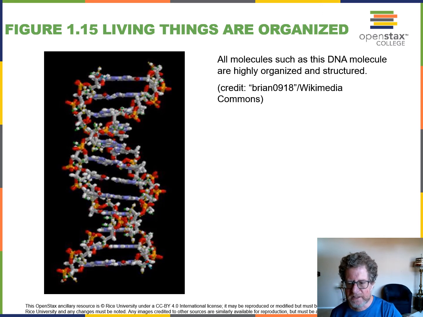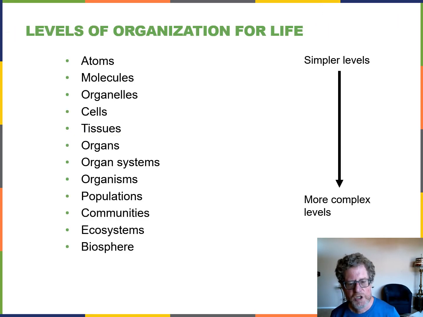If you look at the next slide, usually when we think about living things, we think about a single living thing, a single organism, either a single bacteria or a single tree or a single plant. But if you go down to the smaller group, we are made of organ systems, our respiratory system, our nervous system, our circulatory system.